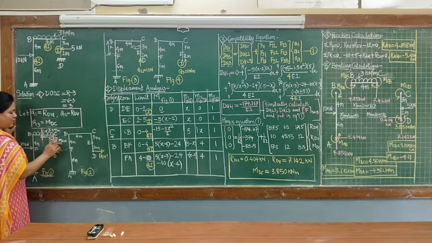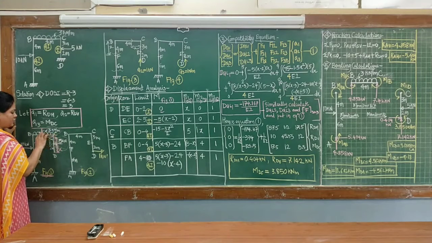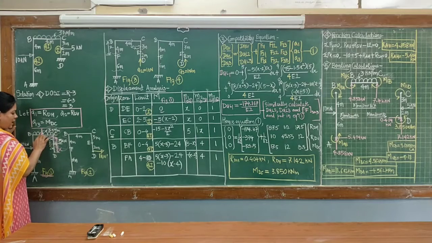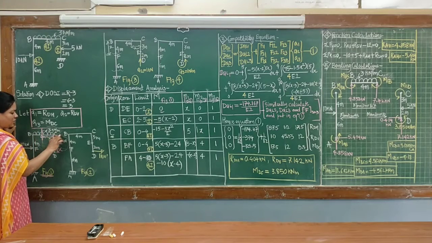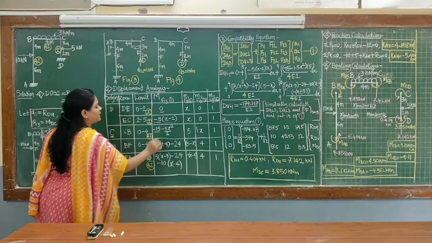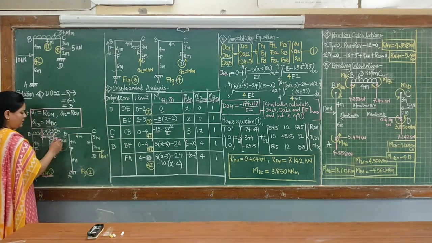So minus 5 into the perpendicular distance between this point and the line of action of the force. The total distance is 3 meter. So 5 into 3, that is minus 15, the moment of this 5.